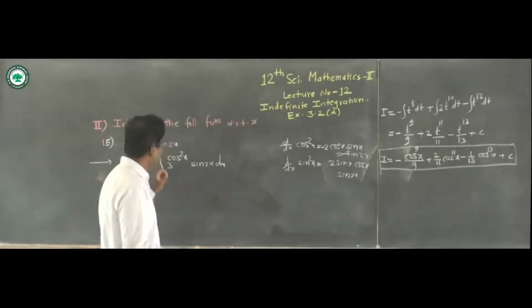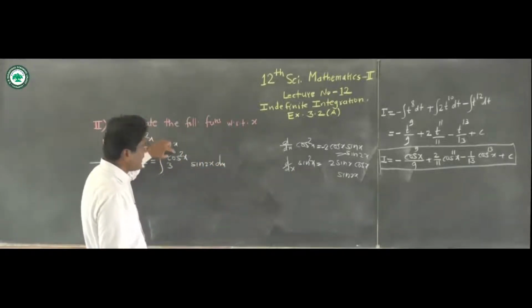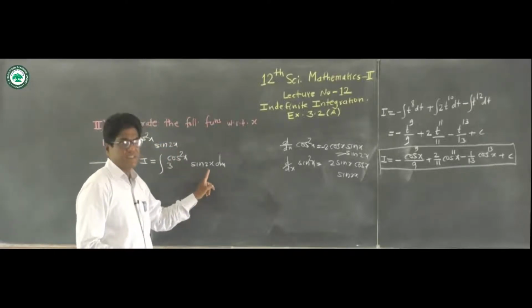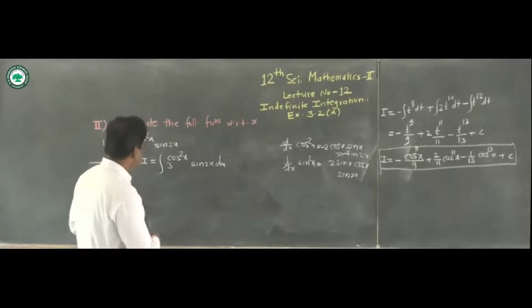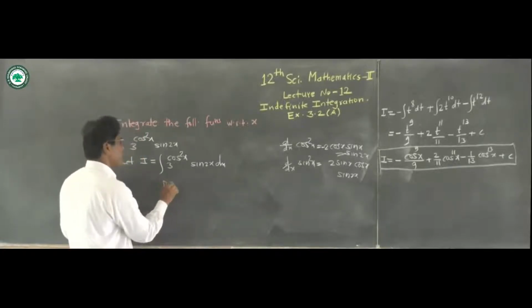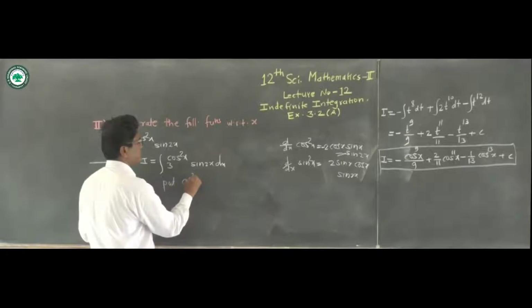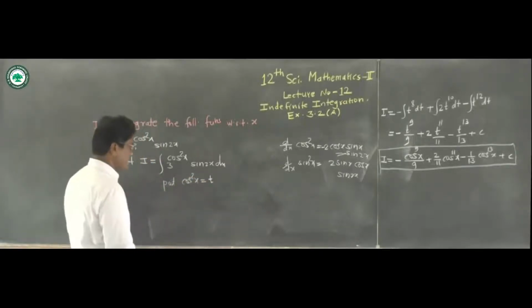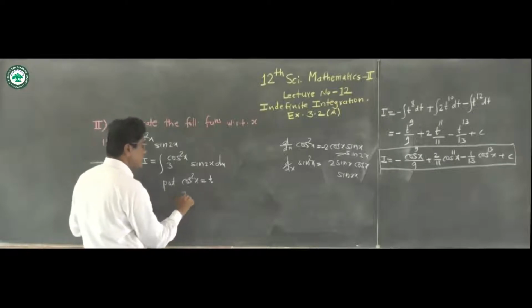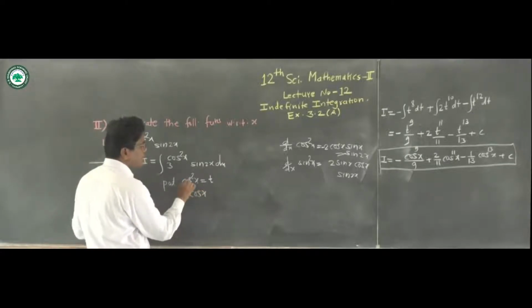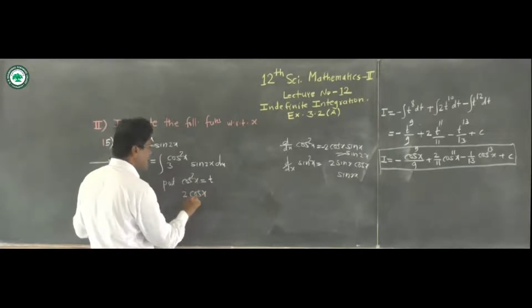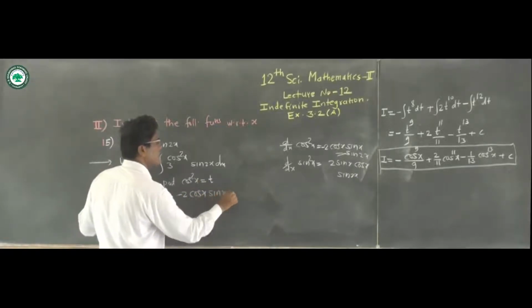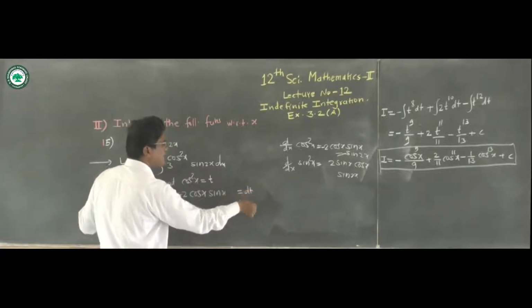So here we put cos square x as t, then we get sin 2x dx as dt. So, the solution: put cos square x is equal to t. Differentiate with respect to x. So 2 times cos x into the derivative of cos x, that is minus sin x, into sin x, is equal to dt upon dx.